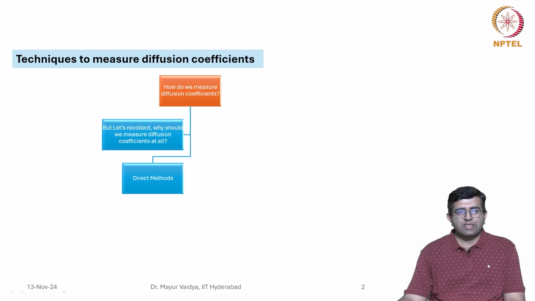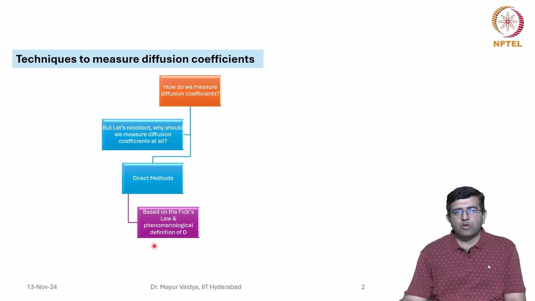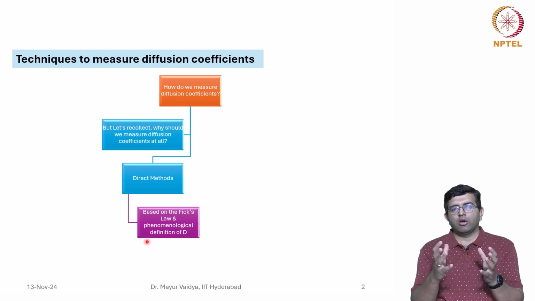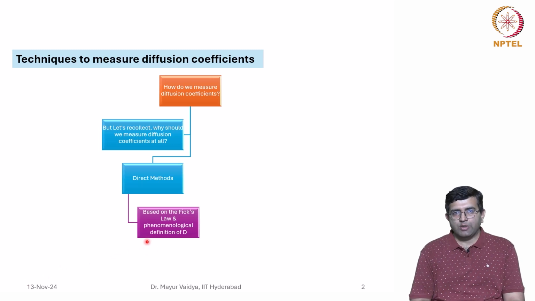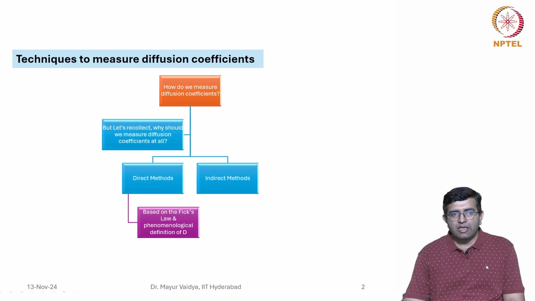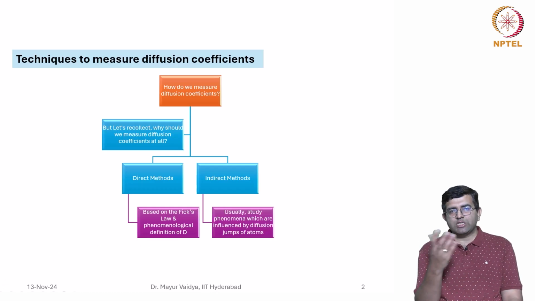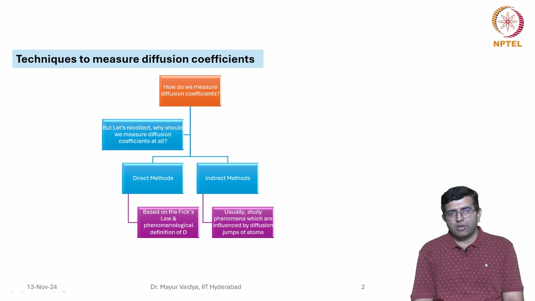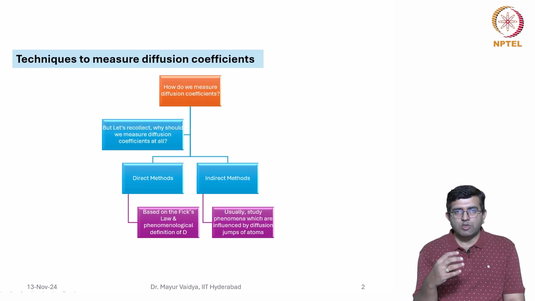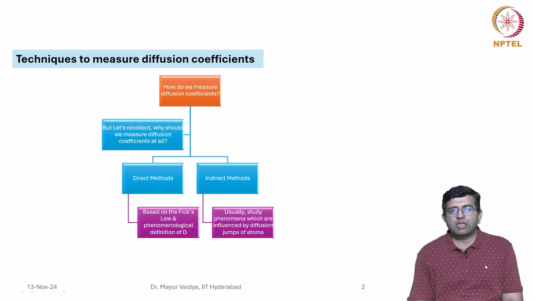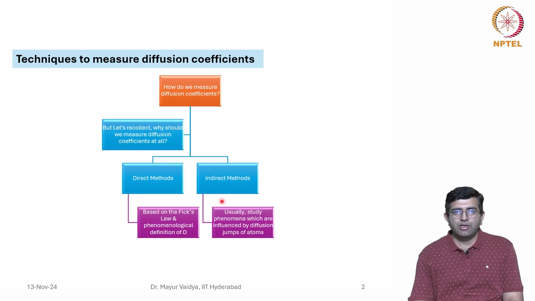One is called the direct methods, which are based on Fick's law and the more phenomenological definition of D. Whereas there are also several indirect methods, which are based on phenomena that are influenced by the diffusion of atoms. We will see examples of both types of methods in this course, the direct methods and the indirect methods.